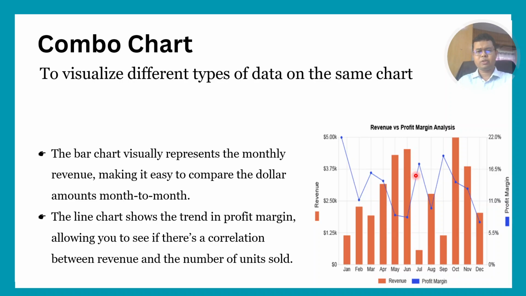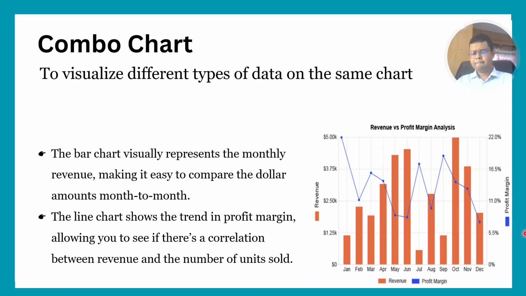We use combo chart when we have multiple variables or multiple investigations. For example, in this picture, we identified the revenue per month and investigated the profit margin. For example, this is the revenue on the y-axis, and on the x-axis is the month, right? But here is the profit margin trend. Here you can see in January the revenue was too low, but profit margin was too high, right?